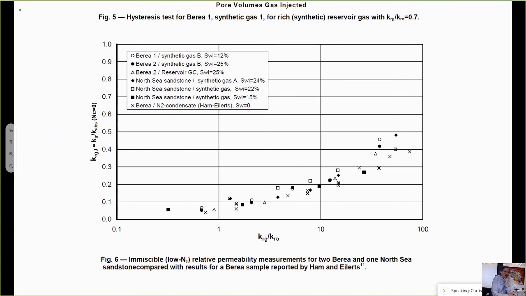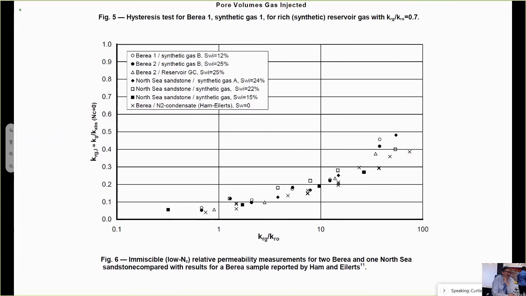That would be like saying that the rel perms you get in the lab with nitrogen mineral oil are not applicable to the actual gas condensate system, or that the rel perm data you're getting for anything is dependent on the fluid system.